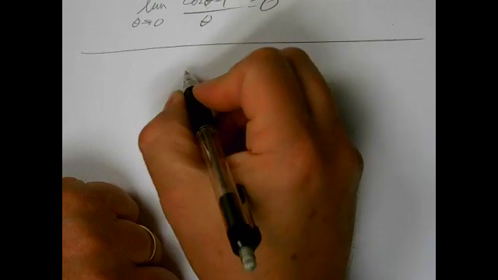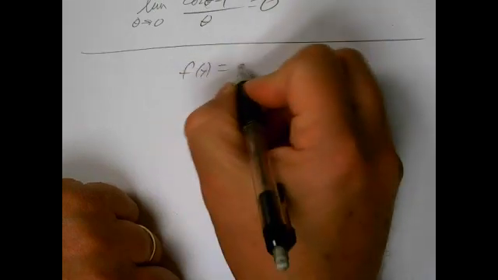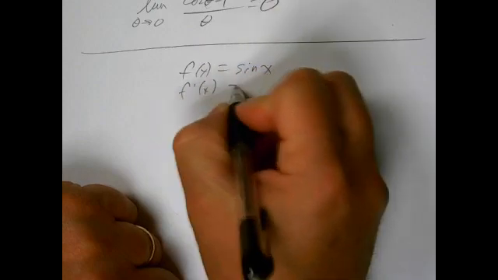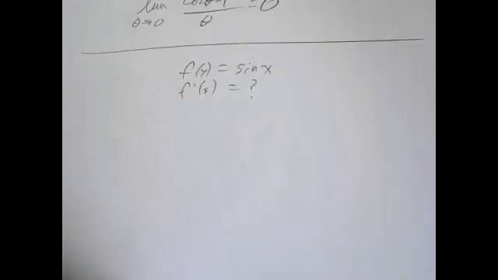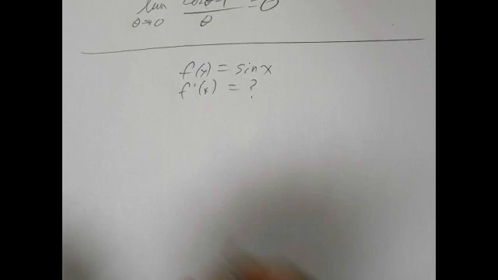So, with those limits behind us, with them available for us to use, if f of x was equal to sine of x, what would f prime of x be equal to? Well, let's try it with the definition.